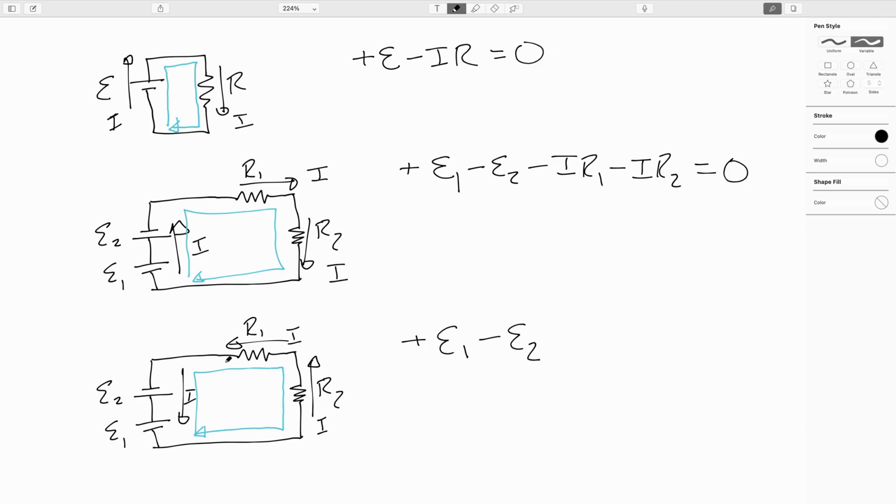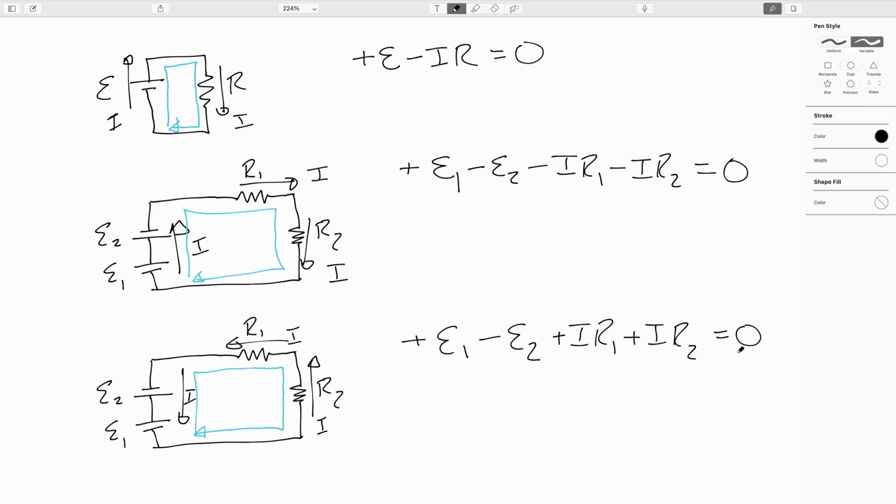All right, continuing to walk along, I will be going upstream at R1. So if I go upstream, that's a plus IR1. And similarly, I'm going upstream at R2, so plus IR2. And then I get my hypothetical dog back home, and I write equals 0.